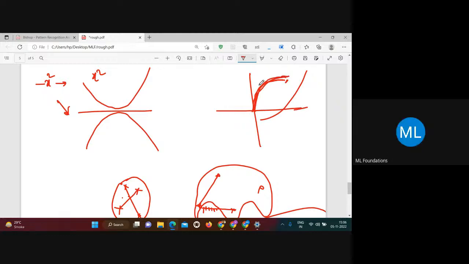If you do the double differentiation, you'll get a negative value, so this is a concave function. If you are going like this, increasing, but if you are going like this, it is a concave function. So the best way to check is the double differentiation of this function, and you'll get some negative value.